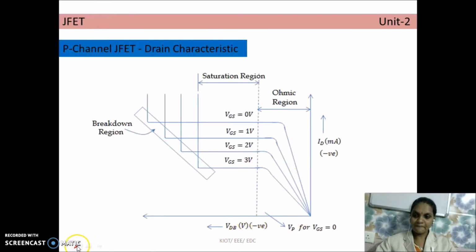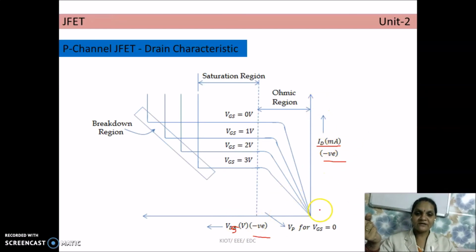This is ID, the drain current, which is negative, and this is VDS. In the previous N channel case VDS was positive, but now VDS is negative, and since VDS is negative, ID is also negative.